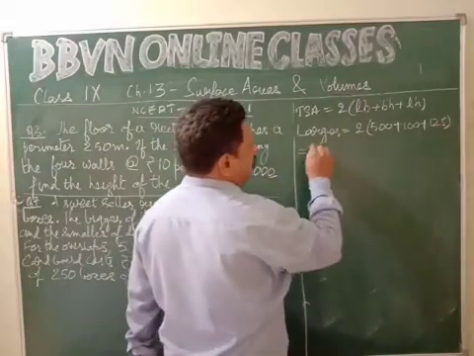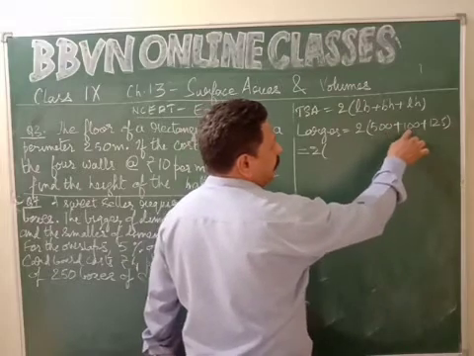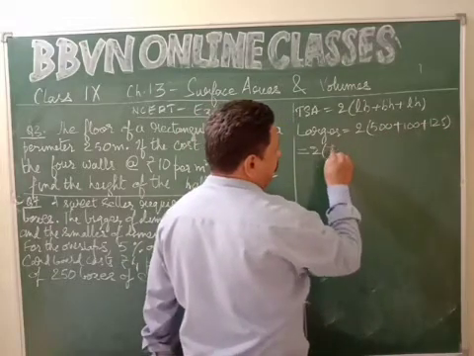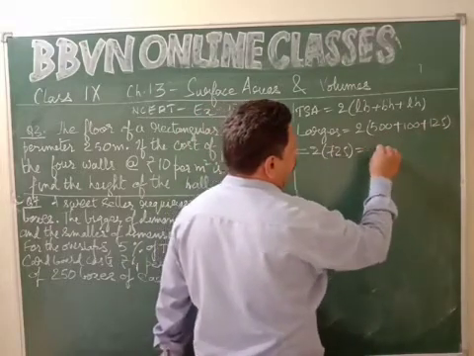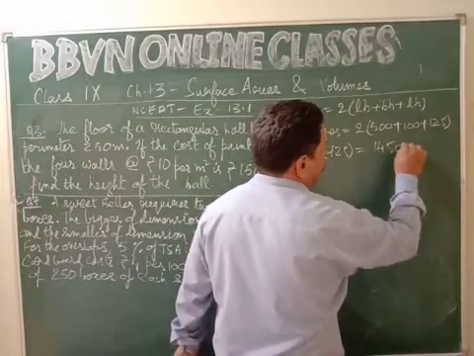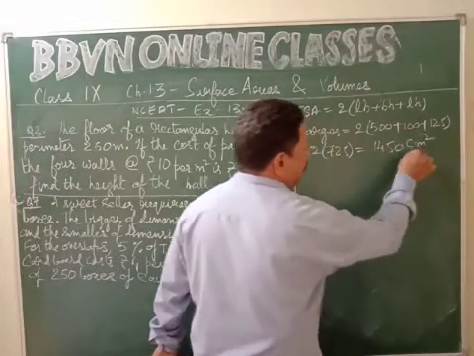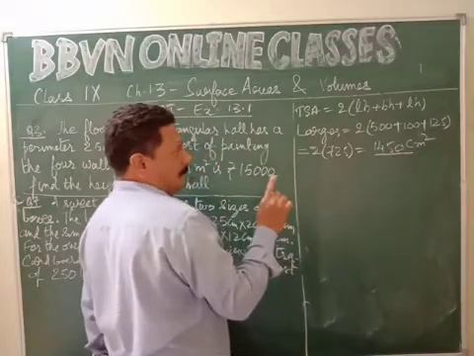So this is 2 times (500 plus 100, 600, plus 125, 725). It is 1450 centimeter square. This is the total surface area of the larger box.